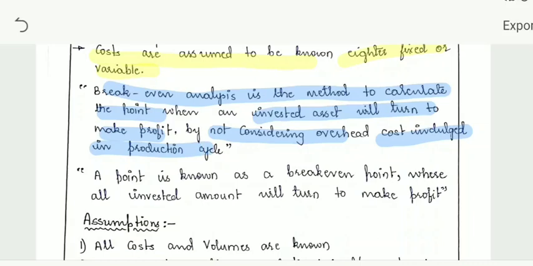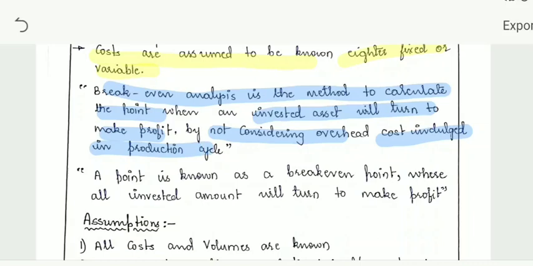How to understand what is profit or what is loss? Whatever amount you have invested, after selling a certain amount of fly ash bricks you come to a point wherein if you sell more than that, it becomes the profit for the company. Less than that point, it becomes the loss.